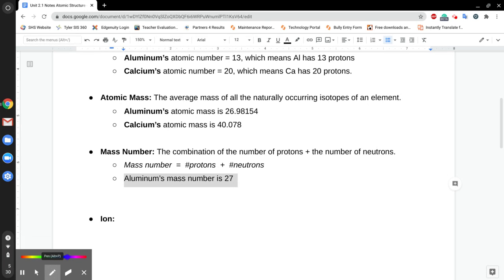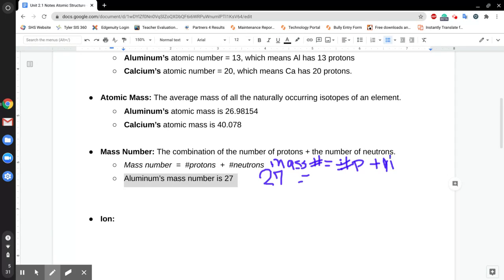We got here because we were given the mass number, and we want to know what that mass number is made of. The mass number is 27, and I know that the mass number is equal to the number of protons plus the number of neutrons.